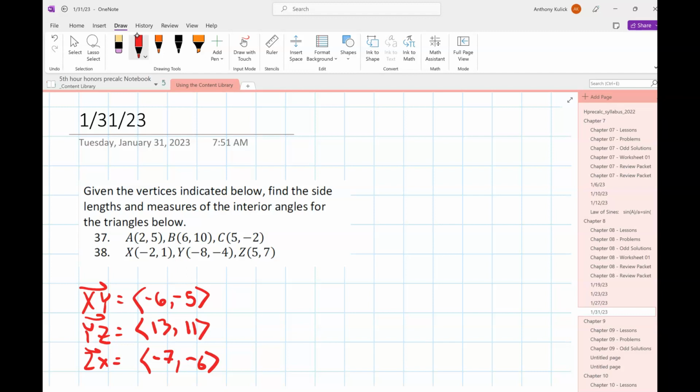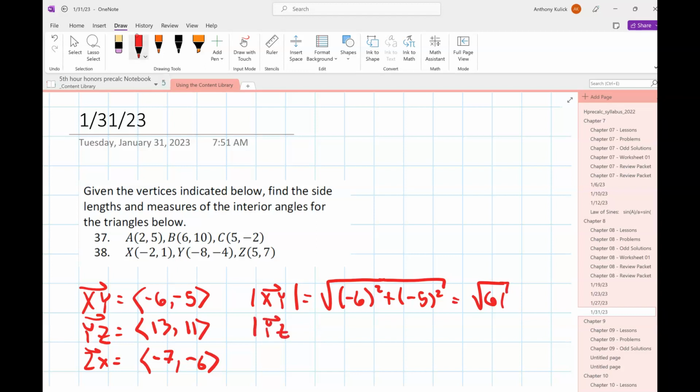And it doesn't really matter whether you did head minus tail or tail minus head for the magnitude piece, which we'll do first. 169 plus 121 is 190, I think.